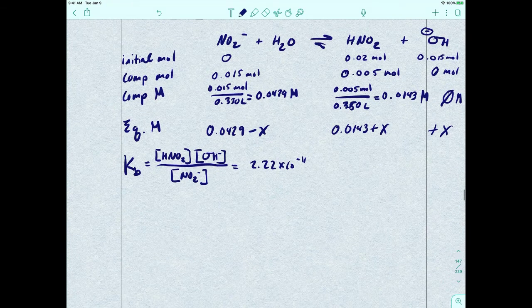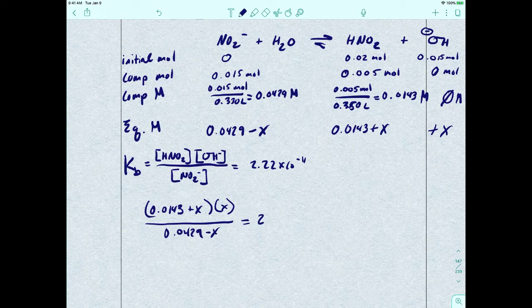So what I want to do is pop in my values. So Kb, the concentration of HNO2 was 0.0143 plus X, concentration of OH minus is X, and then concentration of NO2 minus is 0.0429 minus X. And that's going to be equal to 2.22 times 10 to the minus 11.